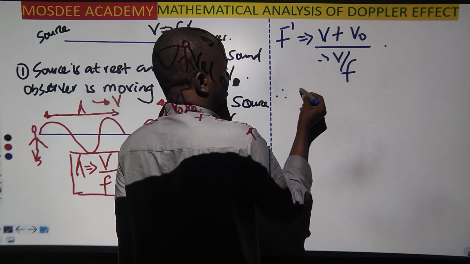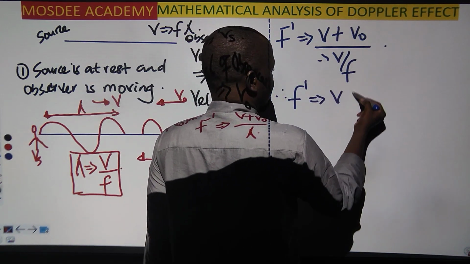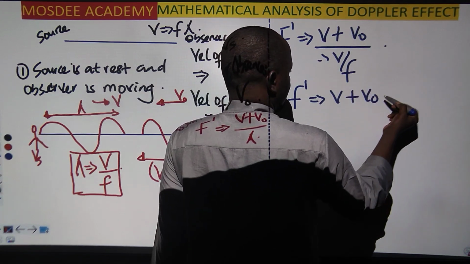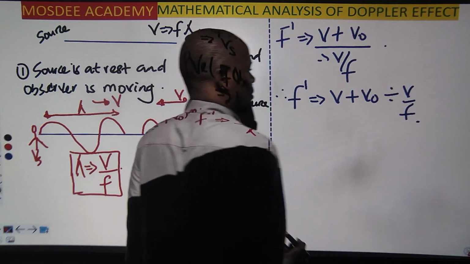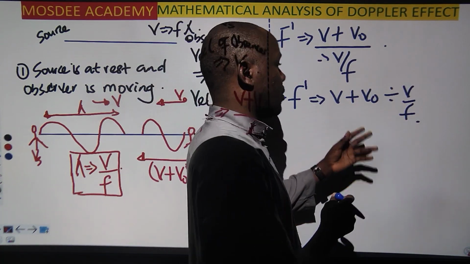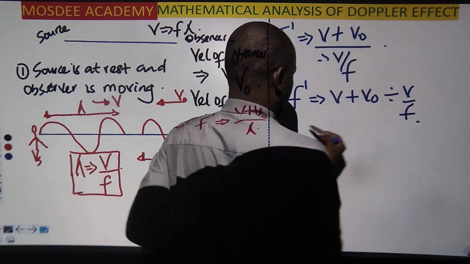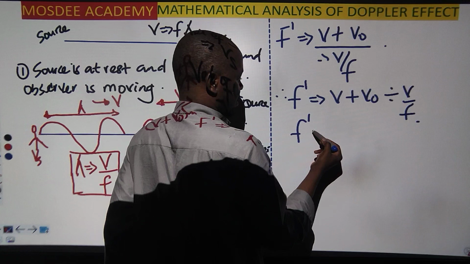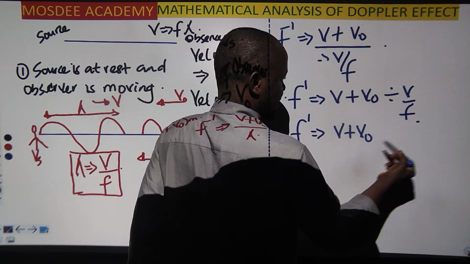You can say therefore F dash, the new frequency, is equal to V plus V naught divided by V over F. Why I'm showing this is because I want you guys to see that there's nothing so difficult in all this. You can cut directly: this one will come up, the other will come down. So you have F dash is equal to V plus V naught, times F over V. I may not show this one in the next derivation.